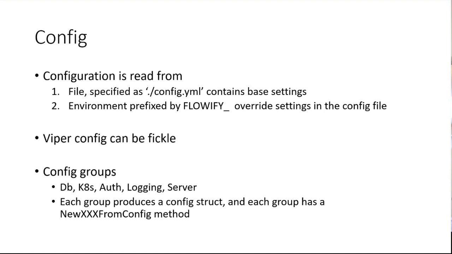And then from the config, we have several groups, and the idea is to produce a parsed struct with the data, and then each group can provide, like, if you want a database client, you can produce a new database client from the config of these substructures. That is the pattern.